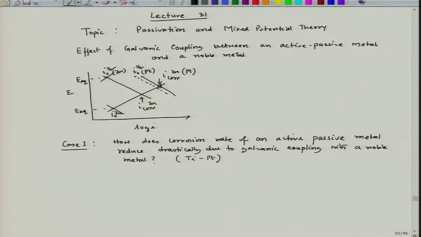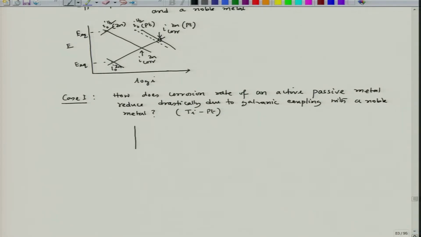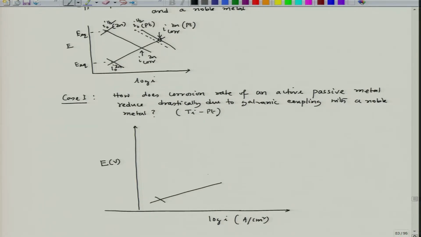Now, for this typical plot for titanium metal, let me plot E versus log I, volt on one axis and ampere per centimeter square on the other, I am just putting some unit. Now, the plot for titanium is typically like this.